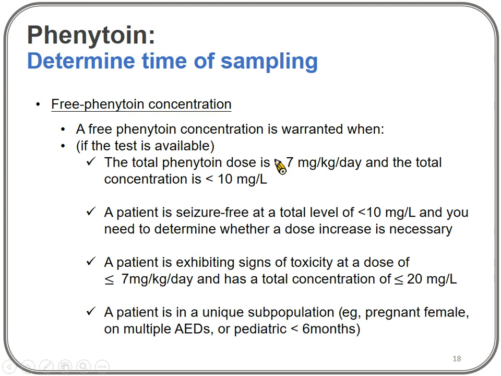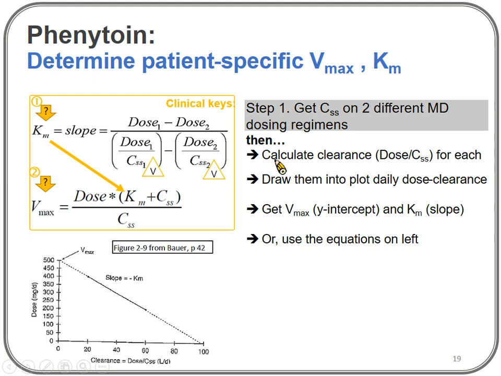And last but not least, if the patient is in a unique subpopulation, such as pregnant women, or on multiple anti-epilepsy medications, or pediatrics, especially no more than about 6 months of age, because the volume of distribution is quite different in those subpopulations, a free form is more reliable than just measuring the total form.